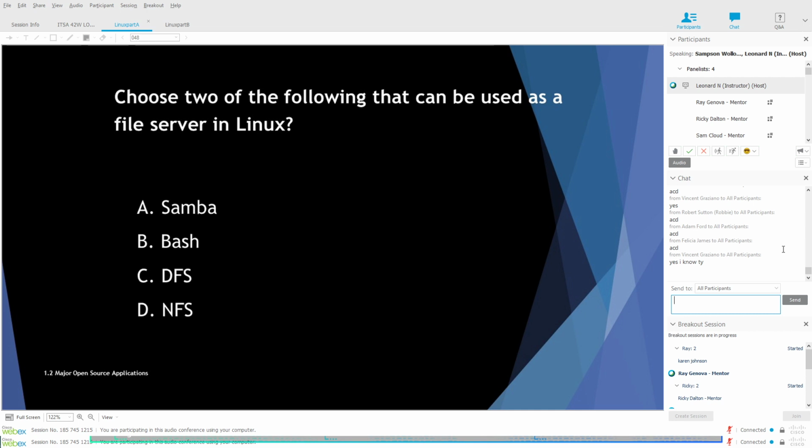All right, what can be used as a file server in Linux? And choose two. Choose two of the following.